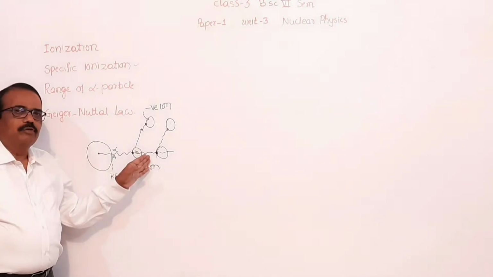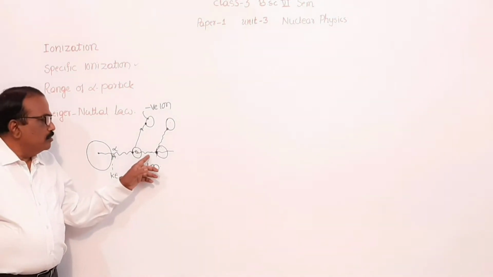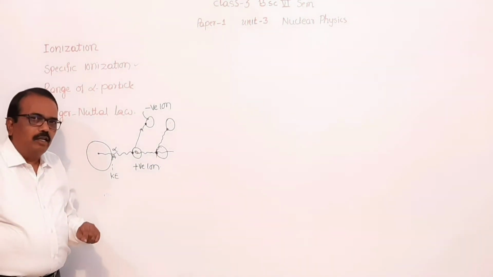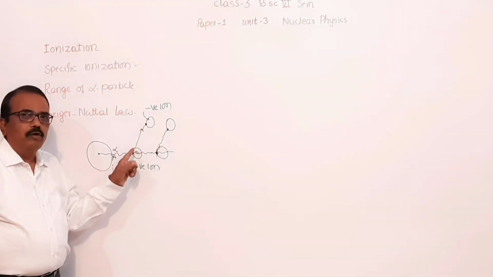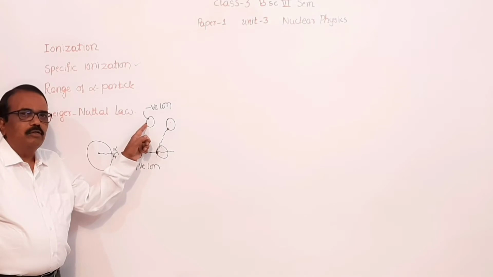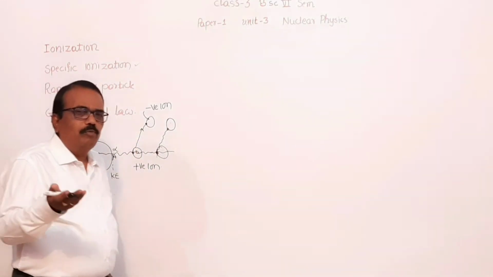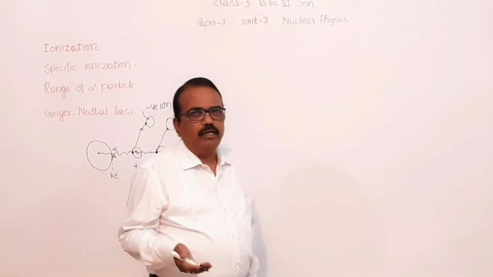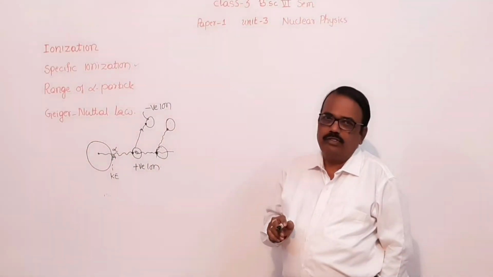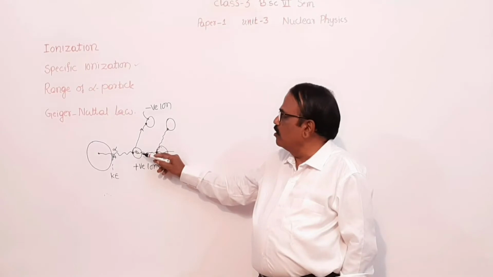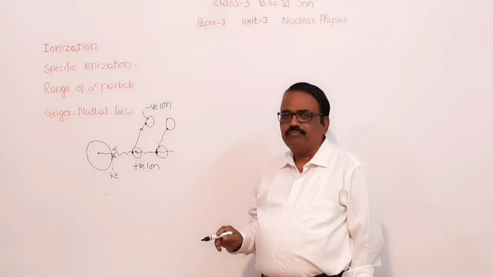Step by step, alpha particle loses the energy and produces ions, positive and negative ions. The process of removing or addition of an electron to an atom is called as ionization. Then ion pairs are produced.